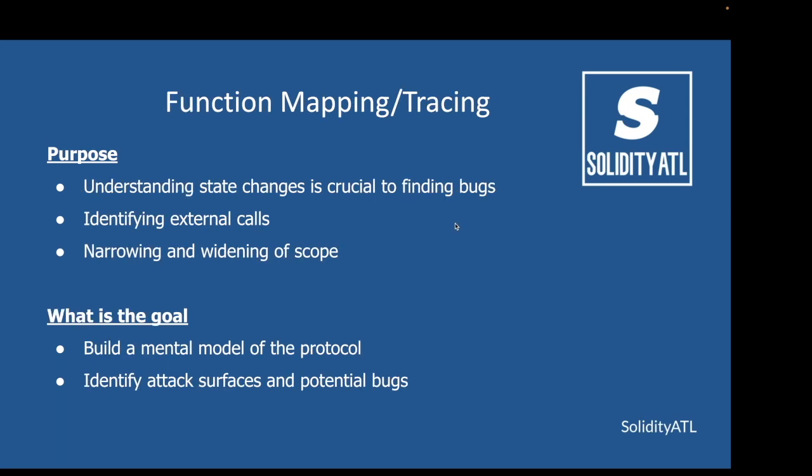The next tactic we're going to talk through for code comprehension actually falls under a subset of reading code, and that is function mapping and function tracing. Before going into this, I want to introduce the concept, if you're not familiar, of a state machine.